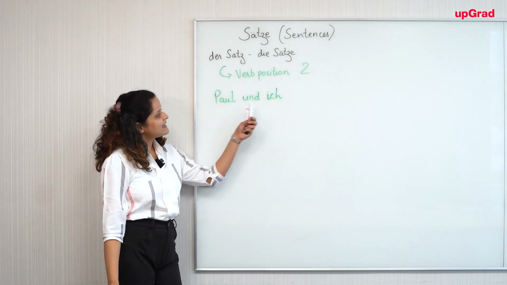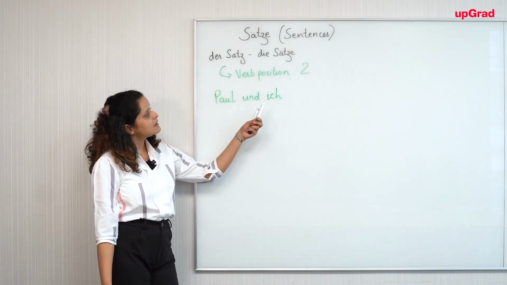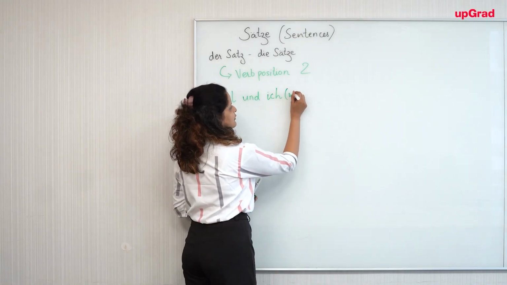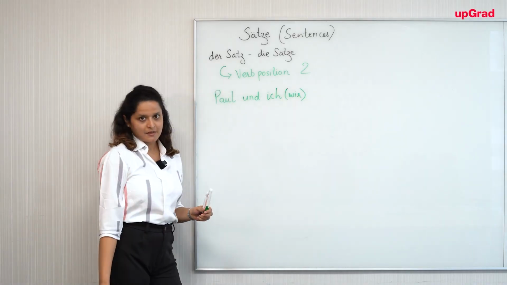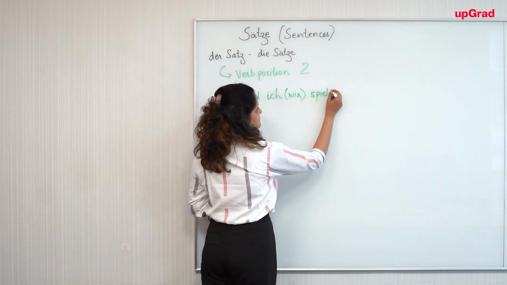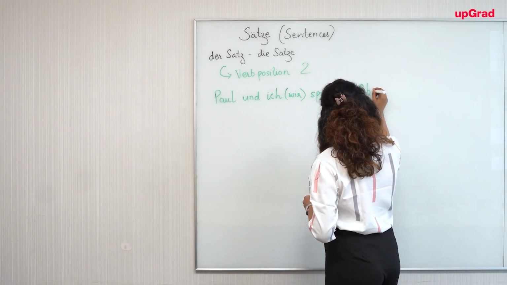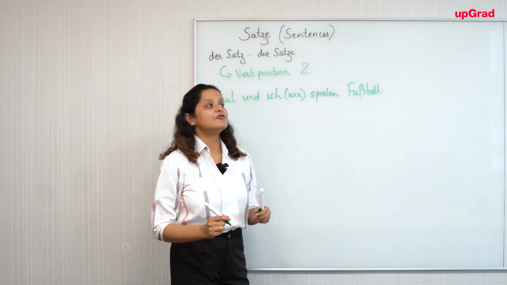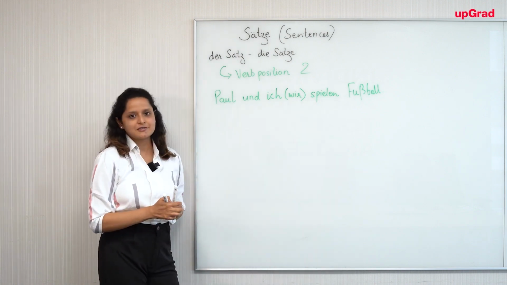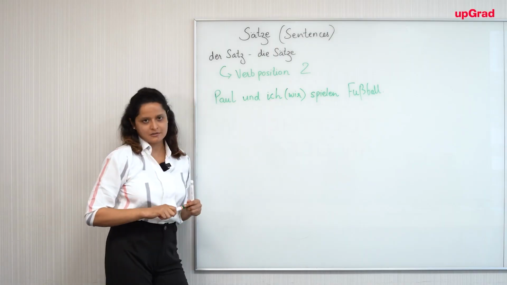Now we see that ich is not alone. Ich is accompanied by another person. So Paul und ich, this becomes your wir. So the conjugation for this is spielen. Paul und ich spielen Fußball. So if you see, the conjugation changes here to spielen. Why? Because your first person is no longer singular.